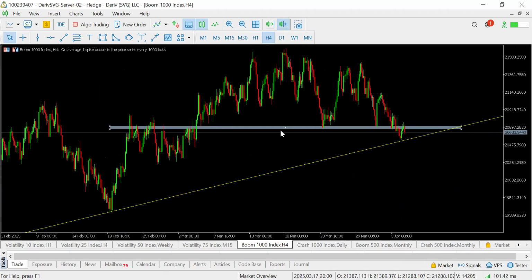So now we can see that the price of the market has gotten to our key point of interest. And I said I will look out for things like chart pattern, candlestick pattern, trend line break for us to take our trades.